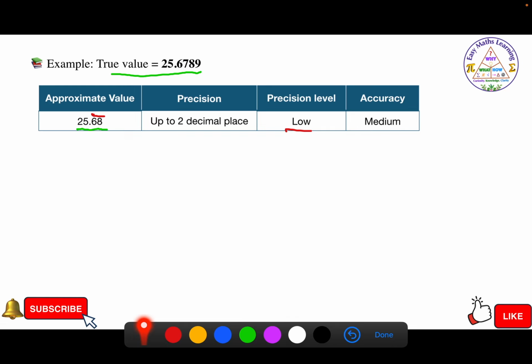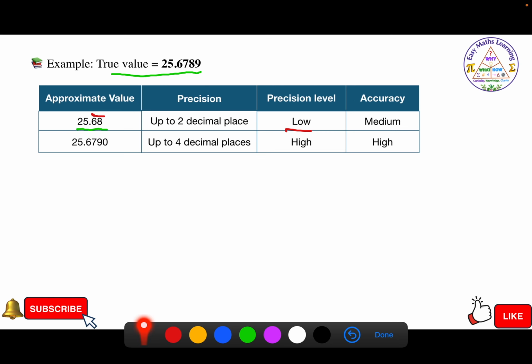So the precision level is low. However, if you compare this value with the true value, it is still reasonably close. So we can say accuracy is medium.